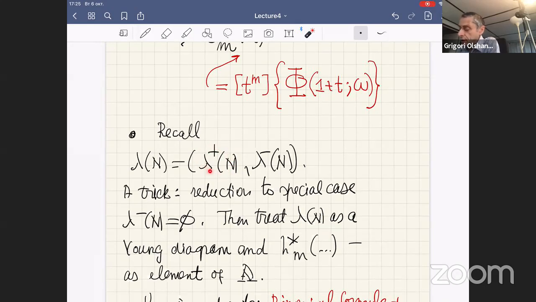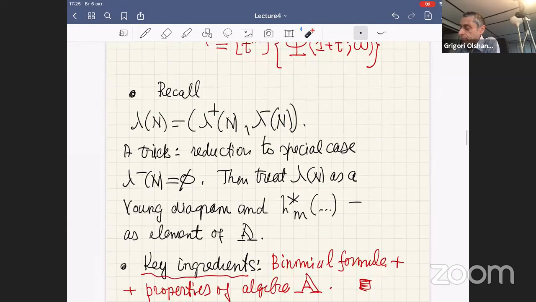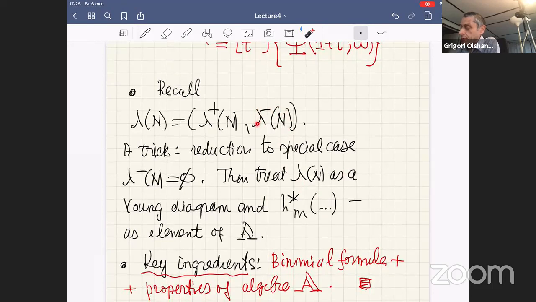Then it turns out that a certain trick can reduce our general problem to this particular case. So actually, one can simplify the problem by assuming that there are no negative coordinates. So in this case, we can treat our signature simply as a Young diagram which varies with n.